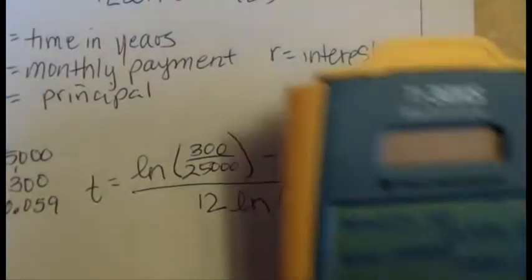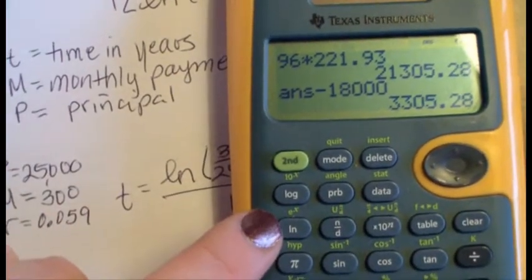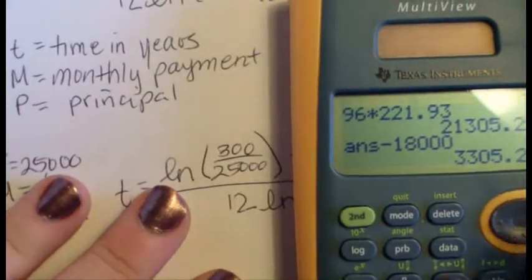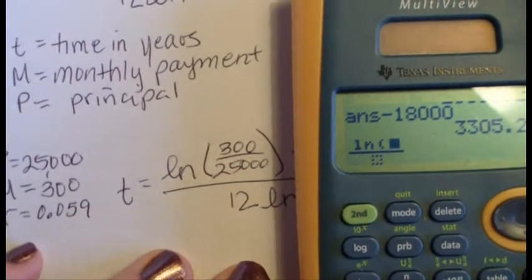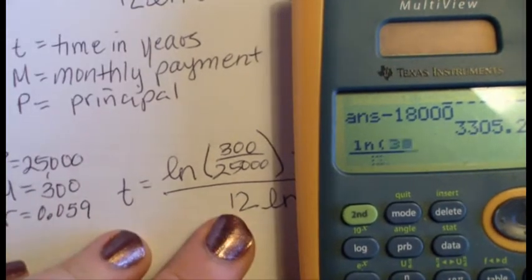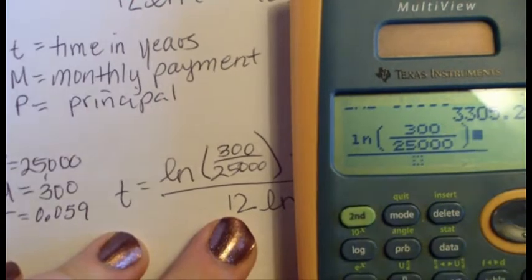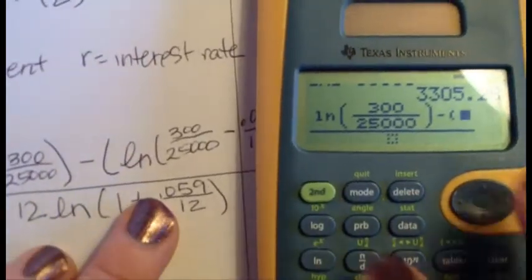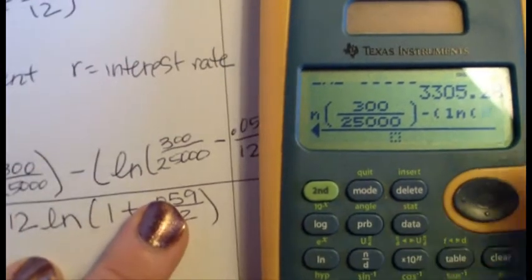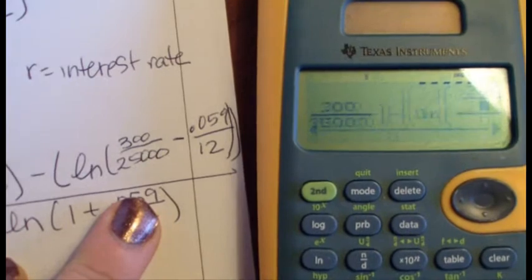Now remember, natural log is this button right here, ln. All right, so we've got natural log of m over p, so 300 over 25,000 minus natural log of 300 over 25,000.